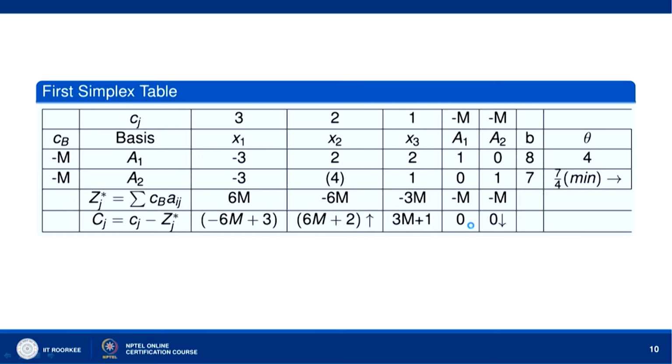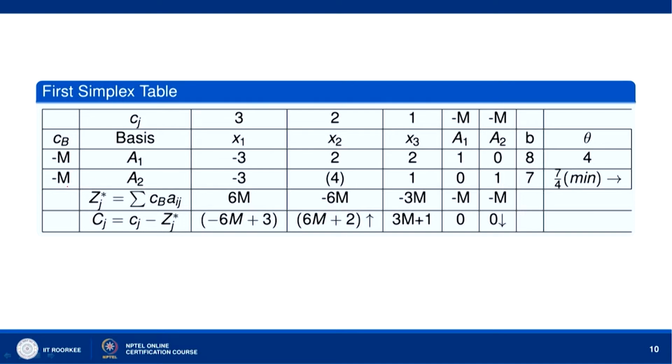Now, let us write the first simplex table. So, Cj, the coefficients of x1, x2, x3, A1, A2, they are given here: 3, 2, 1, minus m, minus m, okay. x1, x2, x3 are our non-basic variables, A1, A2 are basic variables. So, A1, A2 occur here, their coefficients in the objective function are minus m each.